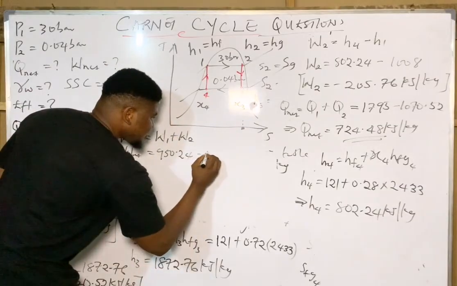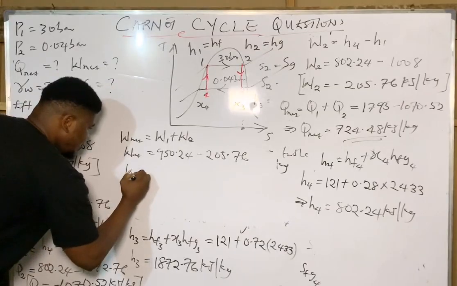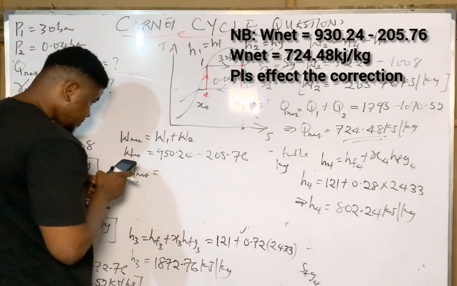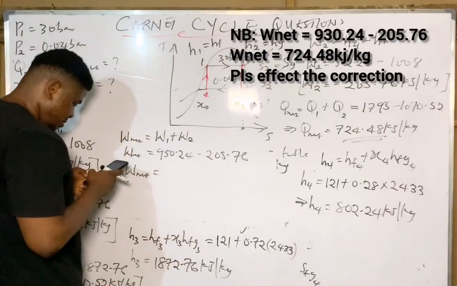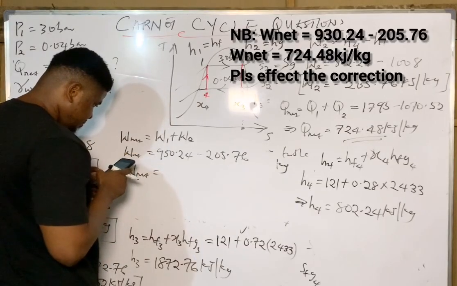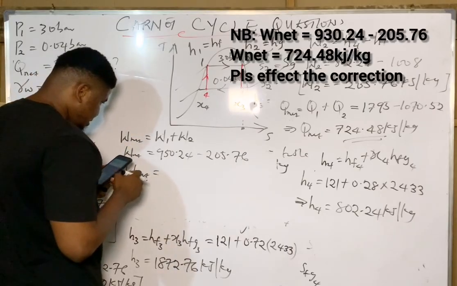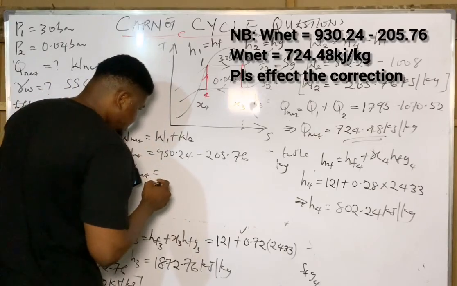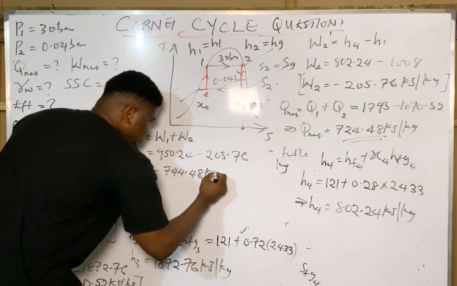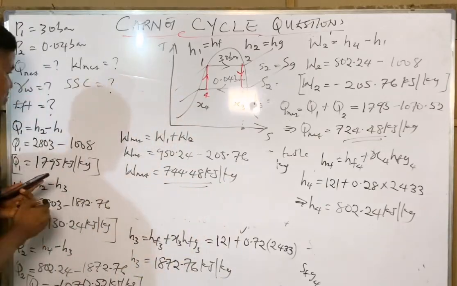So minus 205.76. So our net work is going to be 950.24 minus 205.76. That simply gives us 744.48 kilojoules per kilogram. This becomes our net work.